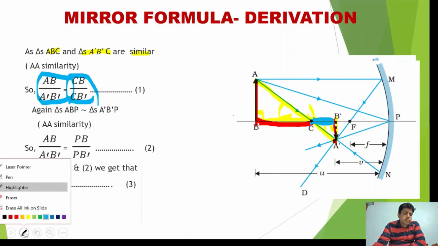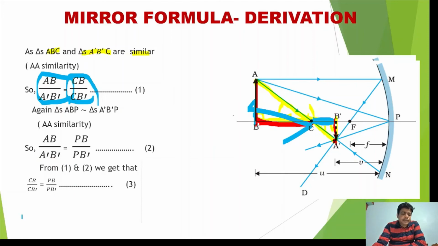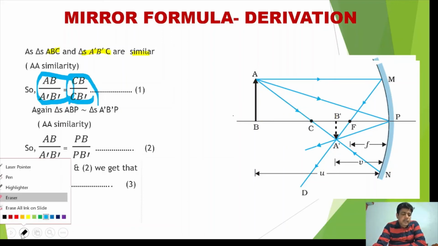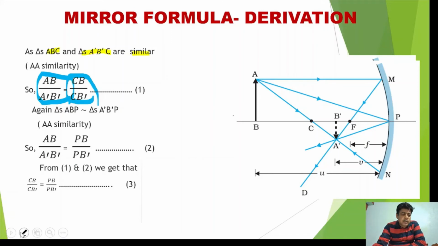In a similar manner, the same process, you see here the triangle ABP is also a triangle, yes or no? Triangle ABP and triangle A'B'P are also similar according to the angle property, as all of you know.